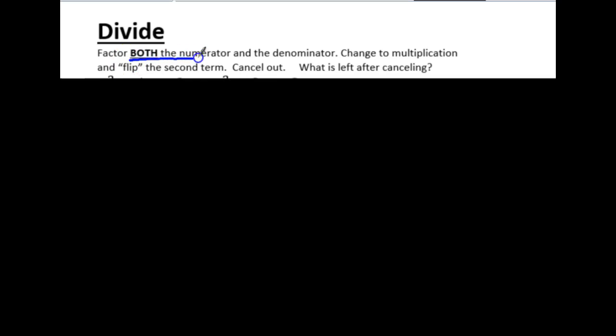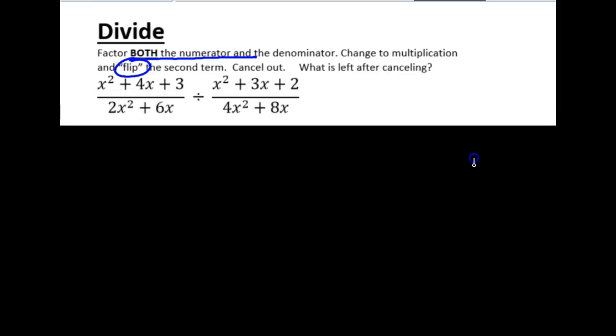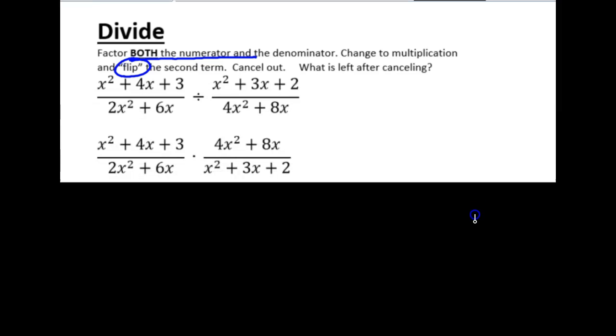You factor both the numerators and you flip the second term. I always do the flipping of the second term first so that I don't forget. The first thing you need to do is take this term and flip it upside down.